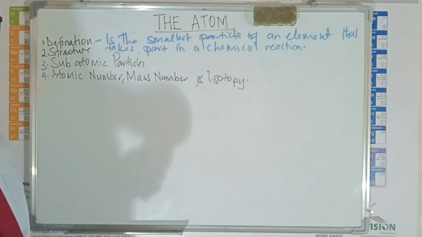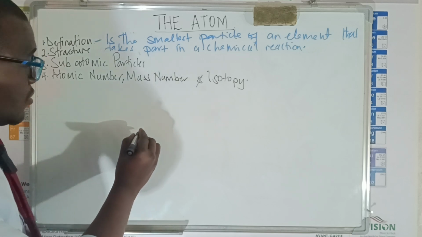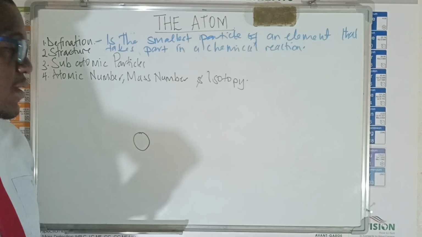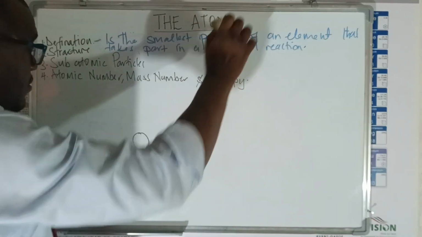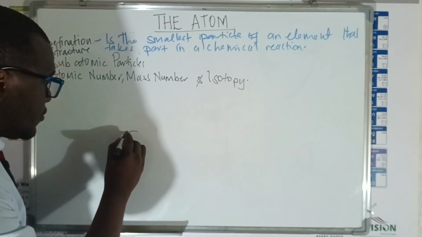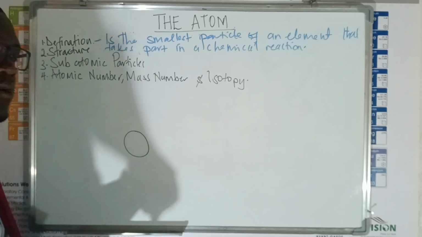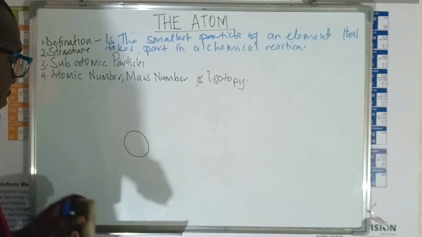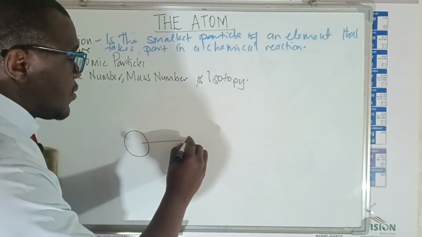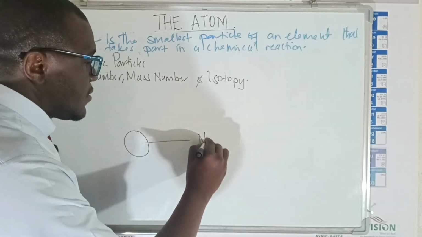Now, we can demonstrate that by drawing. So, all atoms have a center. I can draw it a little bit bigger than that. All atoms have a center, and the center of an atom is referred to as the nucleus.